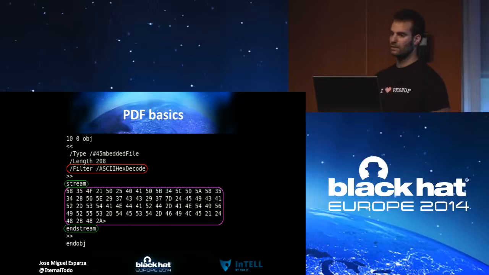This content can be compressed or encoded with some filters. In this case, for example, it is ASCIIHexDecode, so it's hexadecimal. But you can also put more filters. So you can compress with something and then use this other filter and this other filter, so you can do a chain of filters. This is also used in order to obfuscate the PDF files.